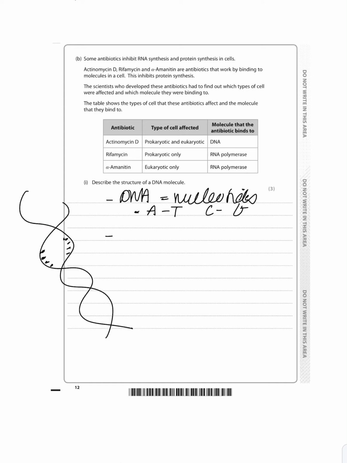Second thing we describe is that the nucleotides themselves are responsible for making the backbone because they have a pentose sugar, which here is going to be deoxyribose, and that's your base. It can be an A or a T or a C or a G. And then you've got the phosphate. That's one nucleotide.